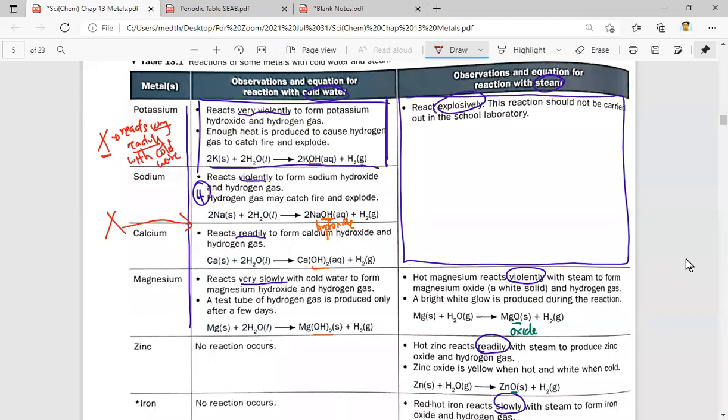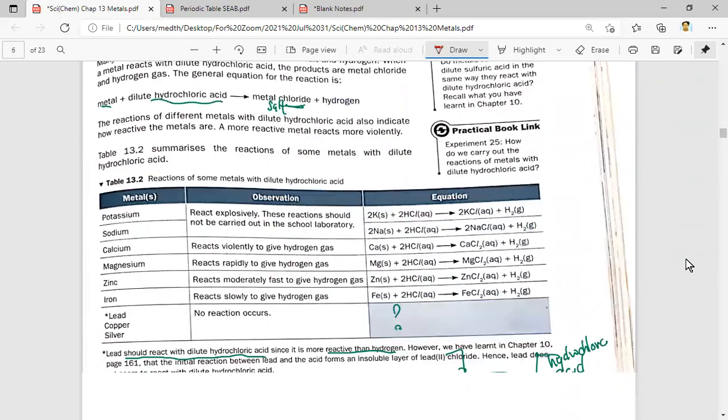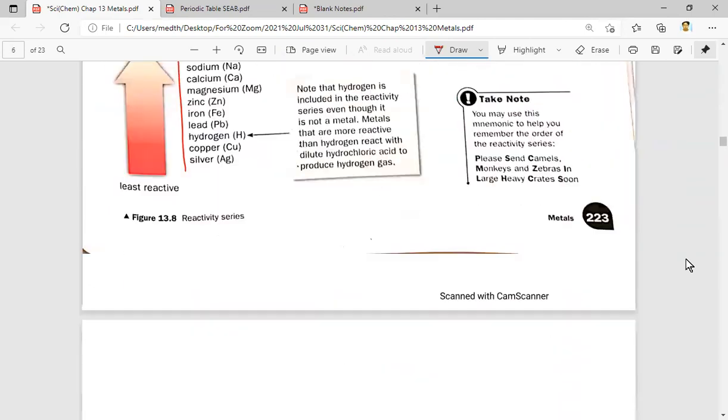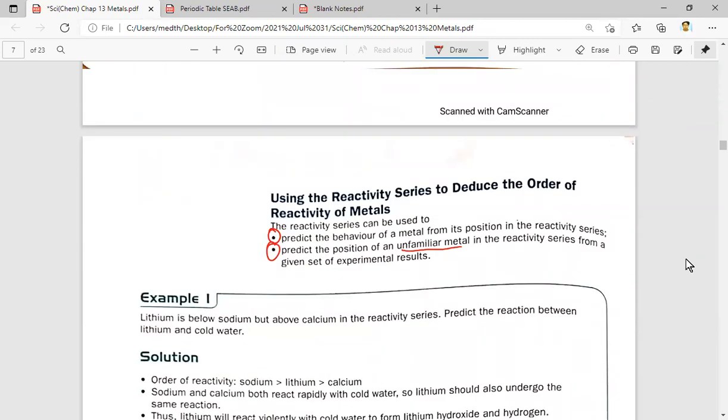But it is below sodium because sodium reacts violently, whereas X is just very readily. So by being able to describe the reaction, you're able to fit it within the reactivity series. That's what they meant by being able to predict the behavior of a metal from its position, and predict the position of an unfamiliar metal in the reactivity series based on the experiment results.